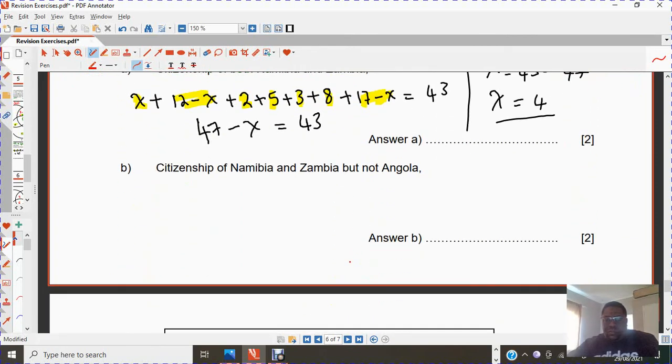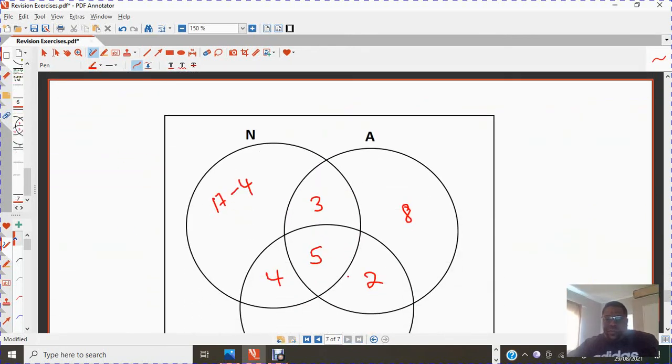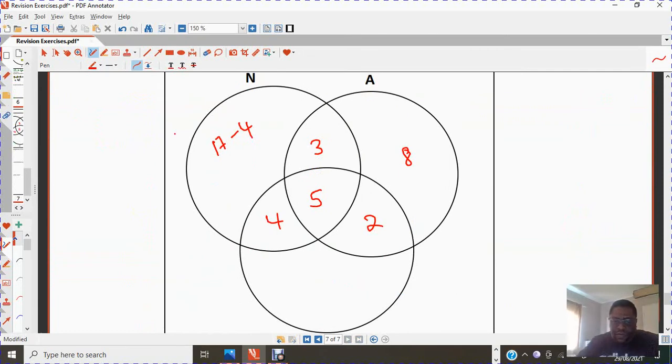So here we have got 12 minus 4. So this is 12 minus 4. But we know this is going to be 8, and we know this is going to be 13. So I can take off these values so that my Venn diagram is complete, right? And perhaps also include the 12 on the other side.